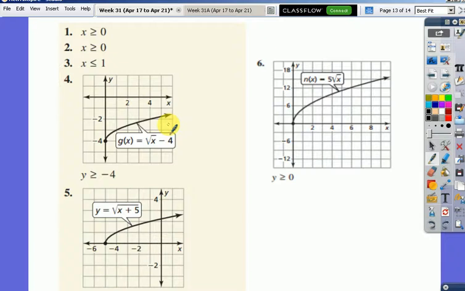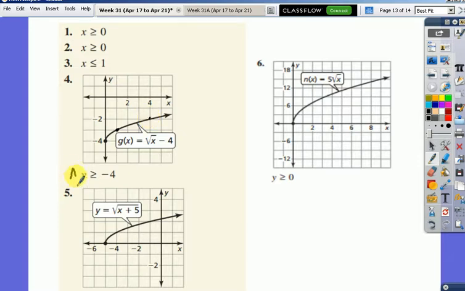And here you can see, like on number 4, when they picked values that were easy to square root, they got those numbers. Now you don't have to pick every single value along that same curve, just 3 or 4. Also remember to describe the range. There were 2 parts to this question, graphing and describing the range.